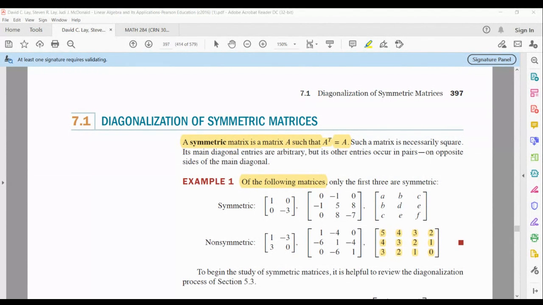What about the first non-symmetric matrix? This matrix here. Why is that matrix not symmetric?